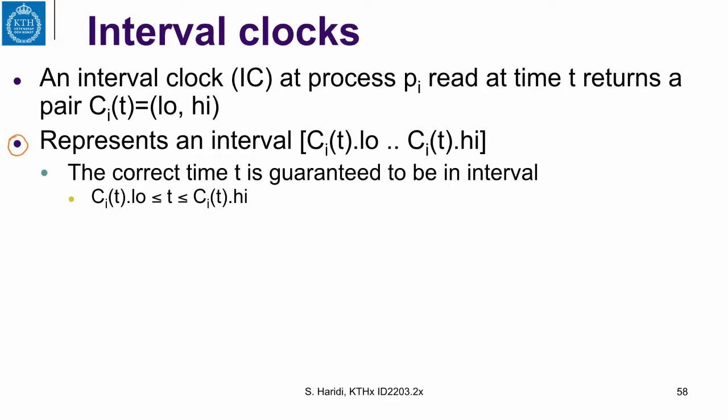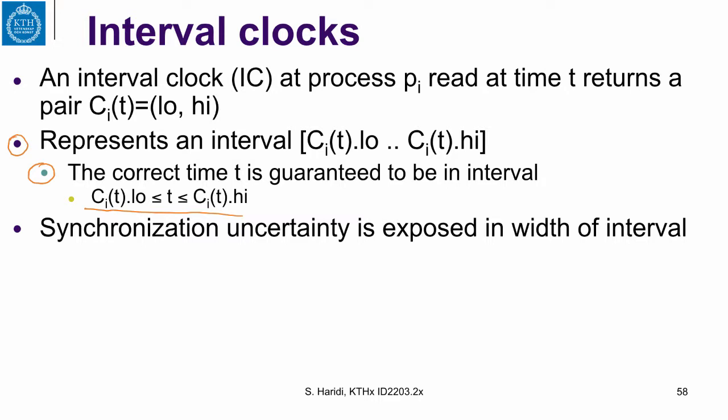And the correct time is guaranteed to be in this interval. So the clock value at t dot low is less or equal t, which is less or equal the clock value at t dot high.